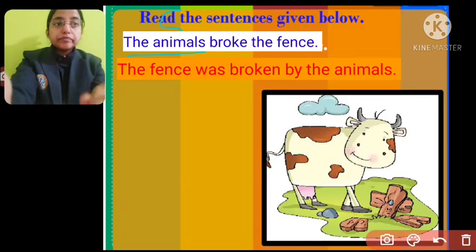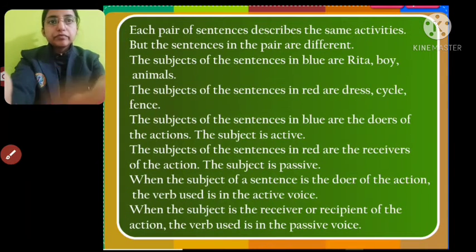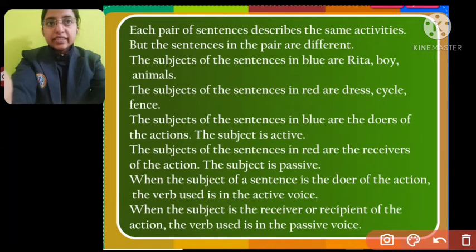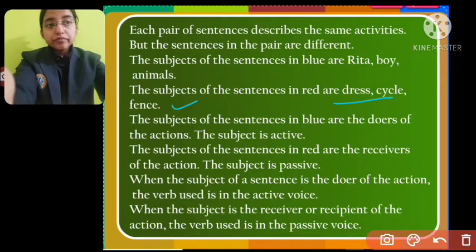So, the animals is my subject. Then, what are we having? See, the subjects of the sentences in blue are these, okay? The subjects of the sentences in red are dress, cycle and fence. Okay, let's see and check whether it is correct or not.